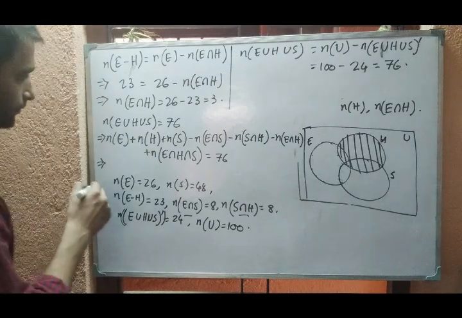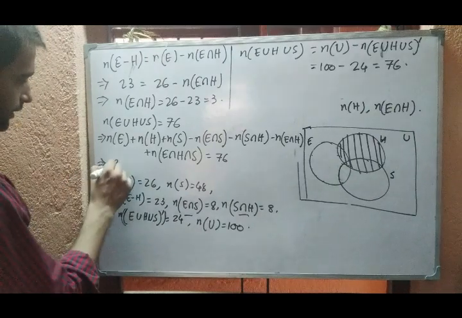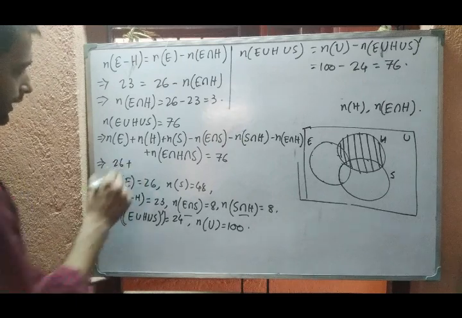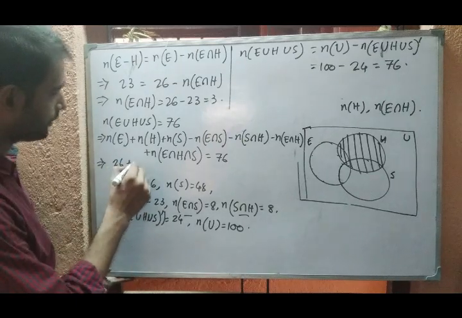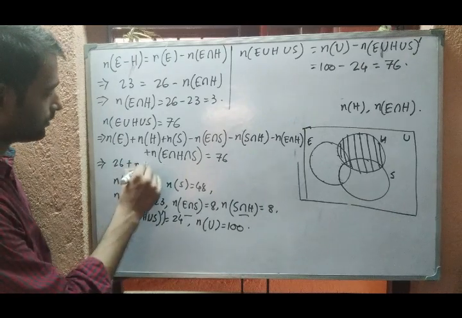So you put the values here. N of E means 26. N of H you have to find.